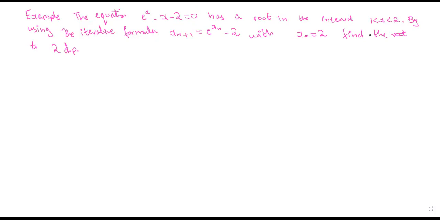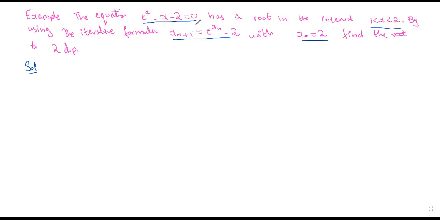Let's just read the question and then we'll talk about the solution. The equation has a root in this interval. By using this iterative formula with x naught equals 2, find the root to 2 decimal places.